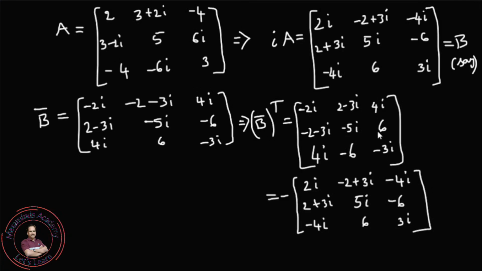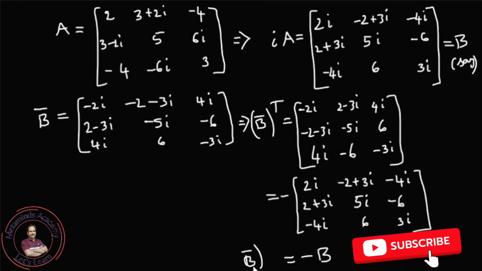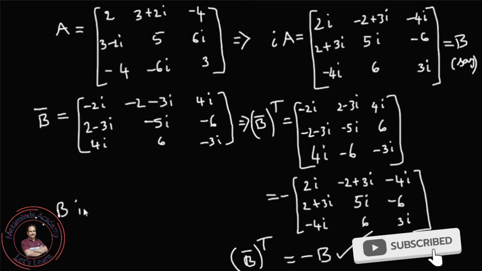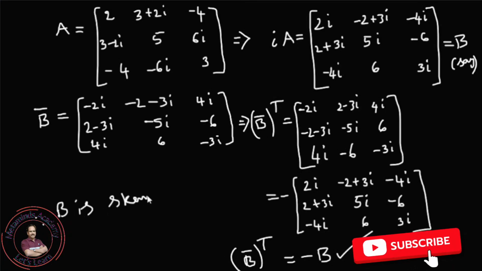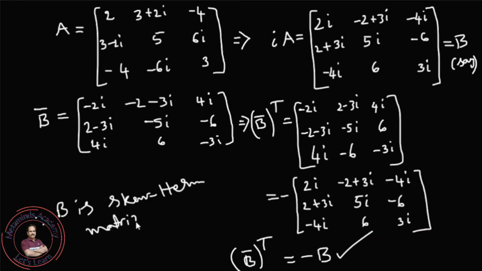If you observe, this is exactly equal to minus B. This is the matrix B, and this is matrix B with a negative sign. So B bar whole transpose is minus B, which means B is a skew Hermitian matrix.